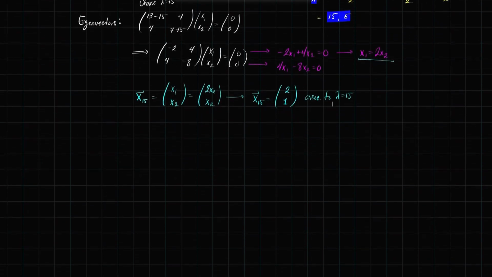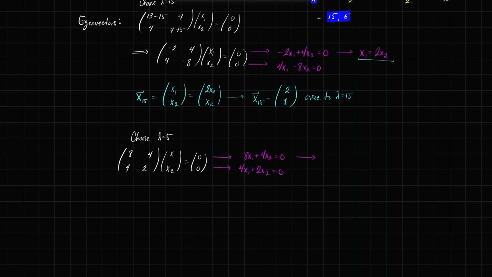When I choose lambda equals 5, I have 13 minus 5 is 8, 4, 4, and 7 minus 5 is 2. I have x1, x2 equals 0, 0. The first row sends me to 8x1 plus 4x2 equals 0. And the second row sends me to 4x1 plus 2x2 is 0.